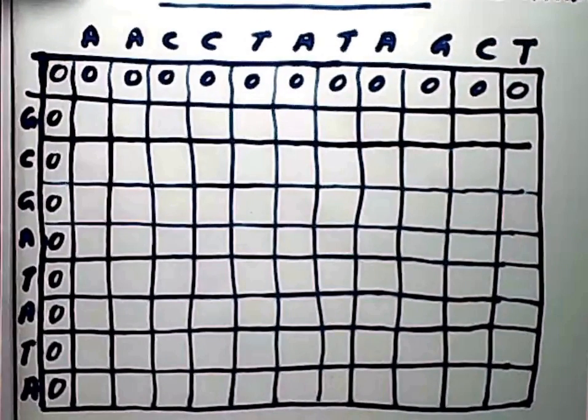As designed in the Needleman-Wunsch algorithm, we form m plus 1 rows and n plus 1 columns. We do not want to compute a penalty for the terminal gaps. So the leftmost column and top row of the matrix will be initialized with value 0.